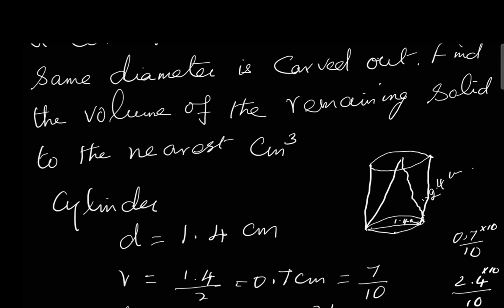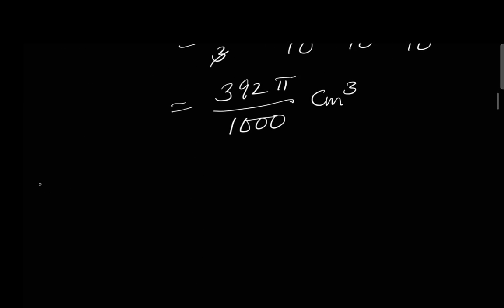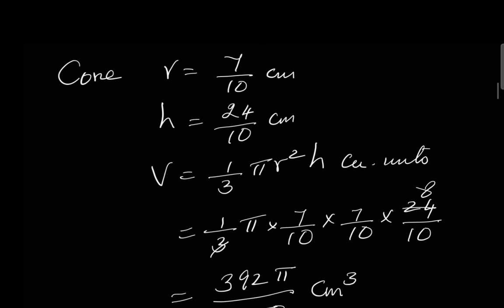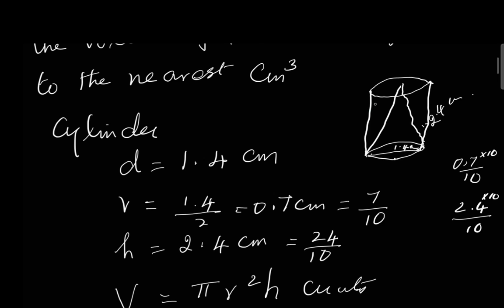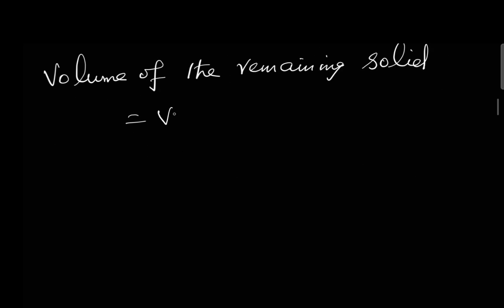We have to find the volume of the remaining solid. The volume of the remaining solid is equal to the volume of the cylinder minus the volume of the cone, since we have to remove the cone from the cylinder.